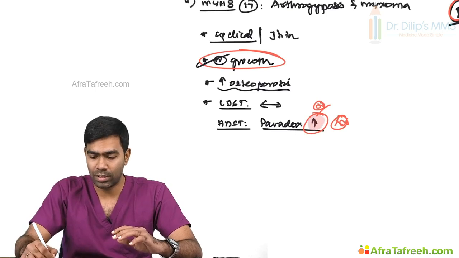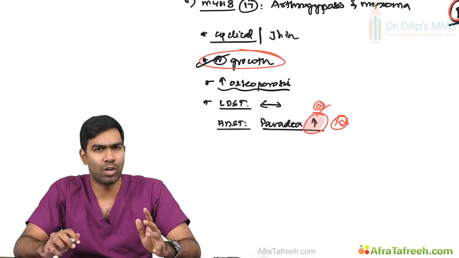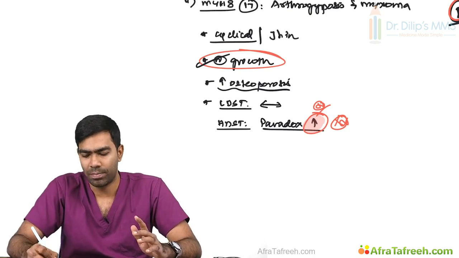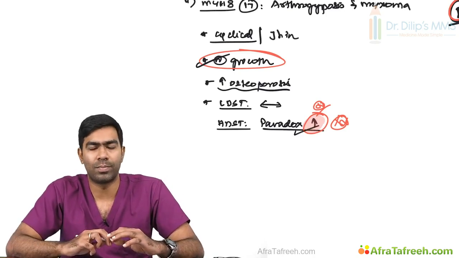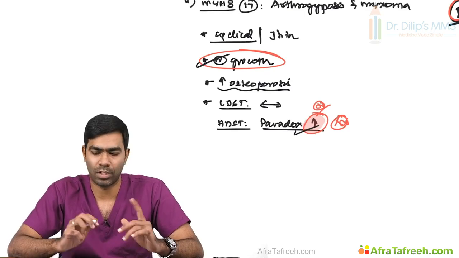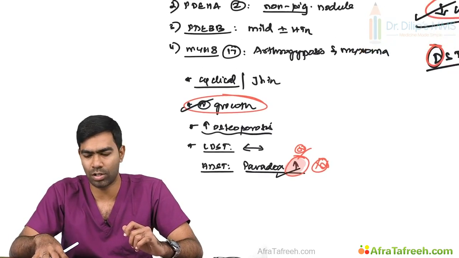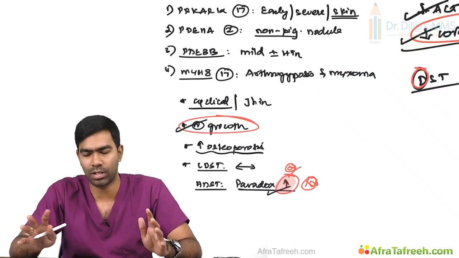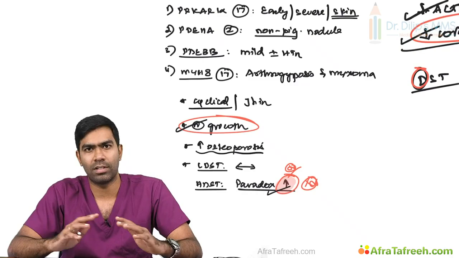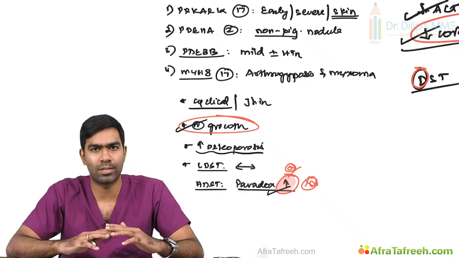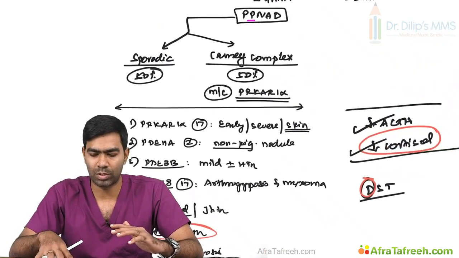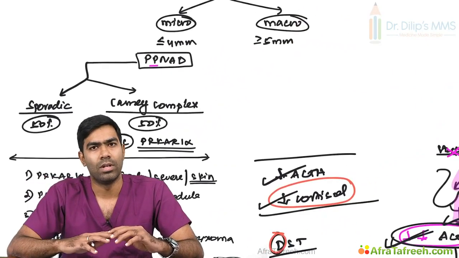Paradoxical increase in cortisol may be seen. We don't really know why it happens, but still, paradoxical increase in cortisol is seen with many of the patients with PPNAD. That's a very, very crucial point. They may have normal cortisol, no response also, but many patients tend to have a paradoxically increased cortisol in response to high-dose dexamethasone suppression test.